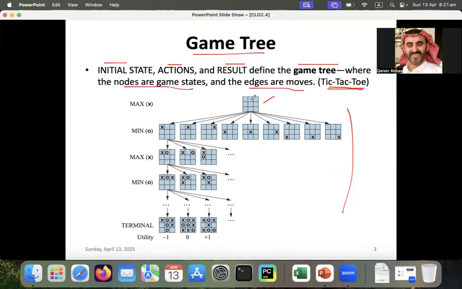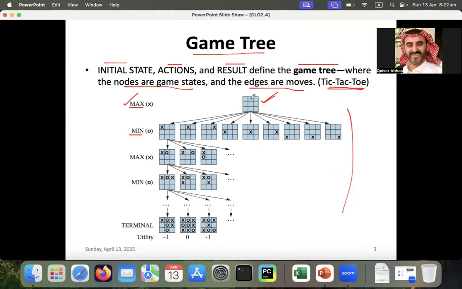So here we are starting where we don't have any mark. It is empty with the 9 cells. And here the player max has its move. This is one player, max, and this is another player, min.